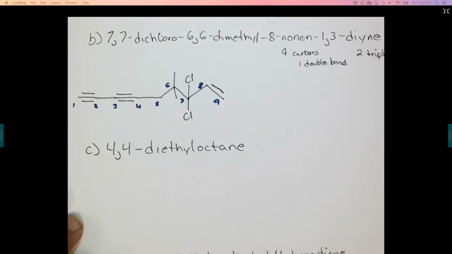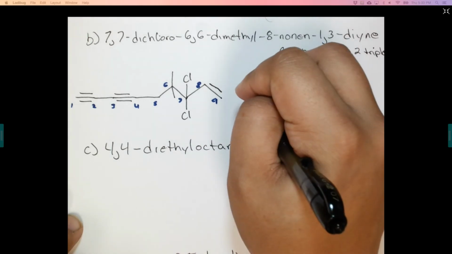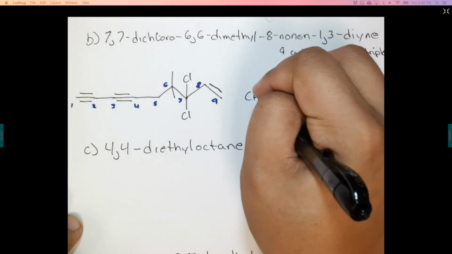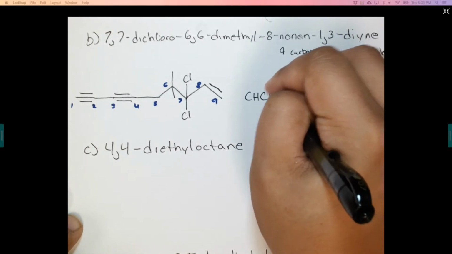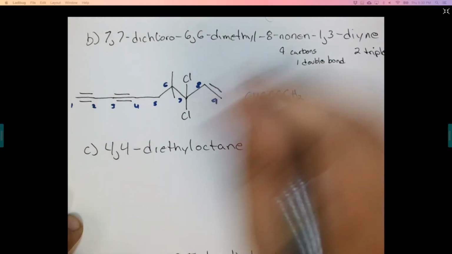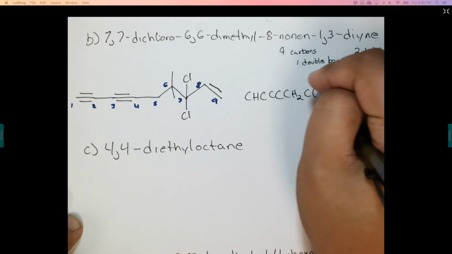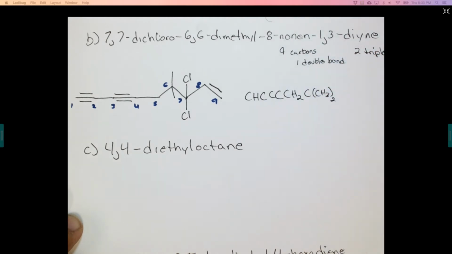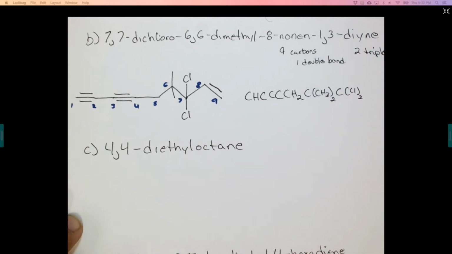Just for practice, for this one I will write the condensed formula. The condensed formula should look like CH, C, C, C, CH2, C, and you can write CH3 twice here if you want to, C, Cl2 there if you want to, CHCH2.